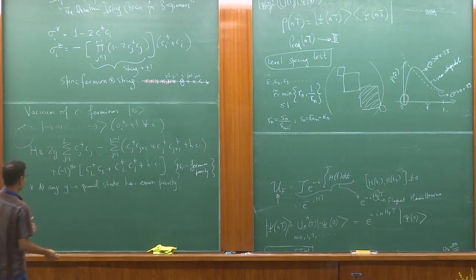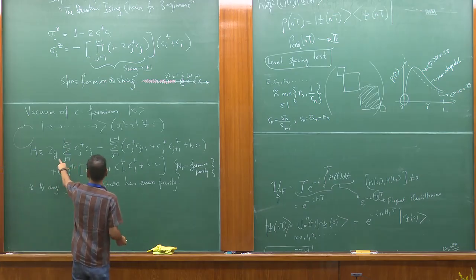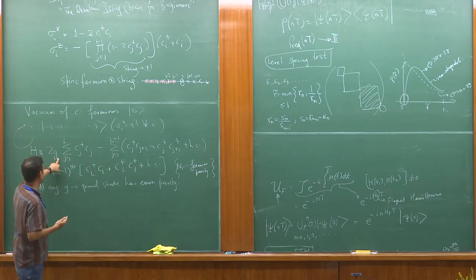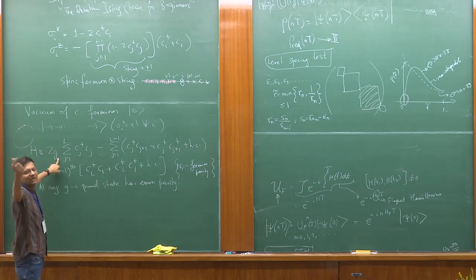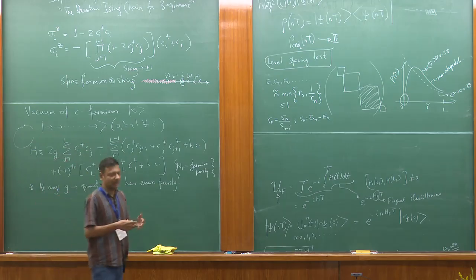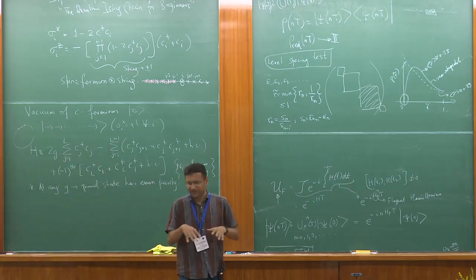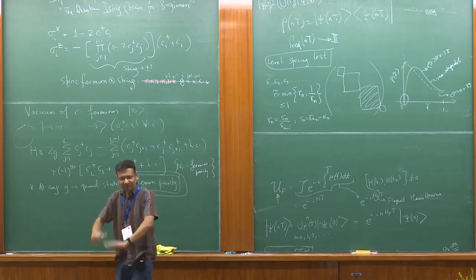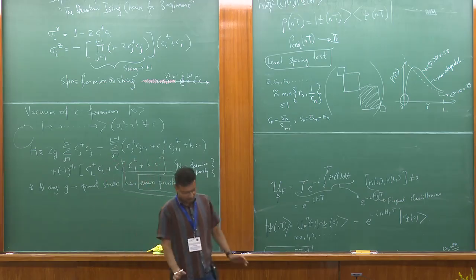Just to be very specific, maybe I prepare my system in the ground state of this Hamiltonian at some coupling G1, and then I make G a function of time. That's one possibility, right? Or maybe I just make G a function of time and start with this state, right? Whatever it is, I do this song and dance so that I'm just concerned about states with even parity, right? So I'll restrict myself to this class of states further.